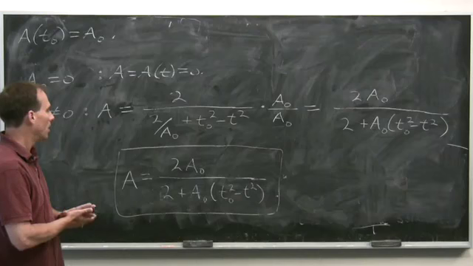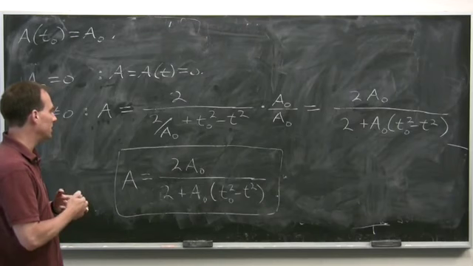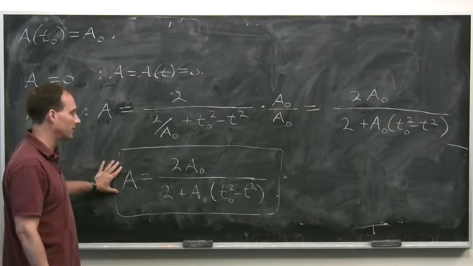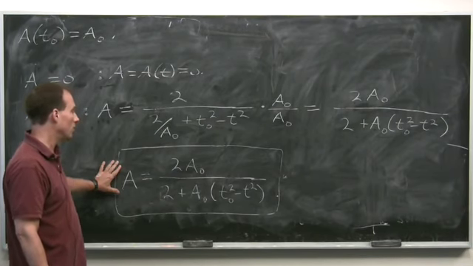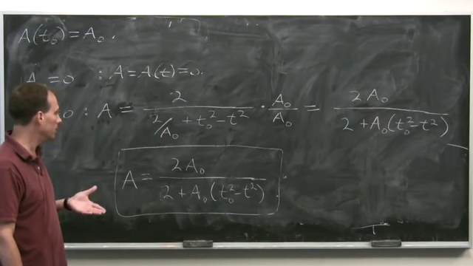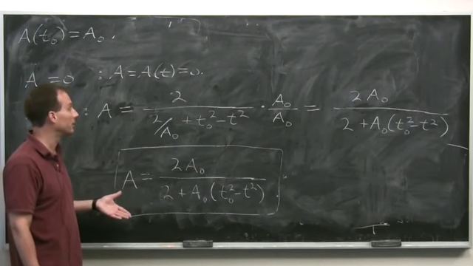The last thing that I should say about this problem is, I'll say it again, that this solution is not necessarily defined for all t. If the denominator hits 0, then this solution is undefined, and that can happen.